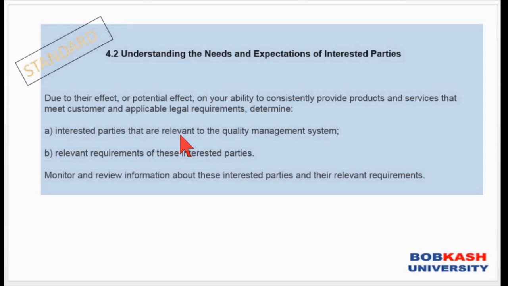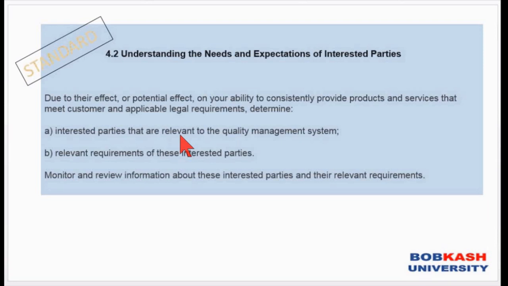So therefore, that 4th process is not in the quality management system. So even if you have an interested party that affects or can affect the organization's ability to perform, but it is not relevant to the quality management system because it is out of scope, it is process number 4, which is not in the QMS. Such interested parties are not covered by 4.2.